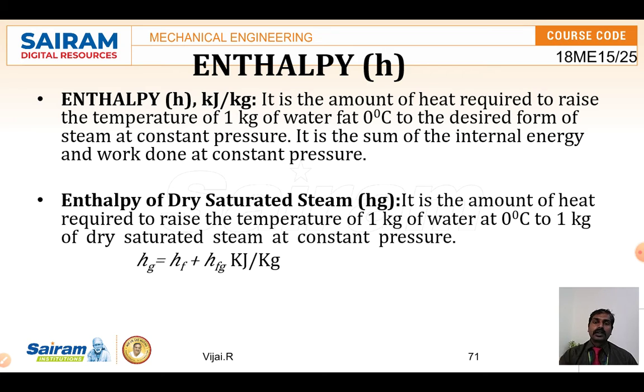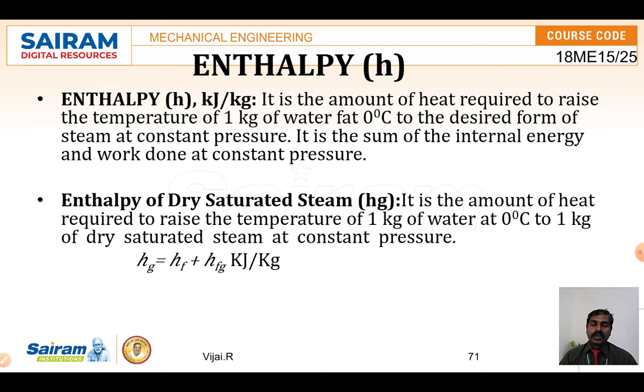When the water temperature increases to another temperature, what we have added until then is called the enthalpy. The amount of heat required to raise the temperature from 0 degree to another level is called enthalpy. Suppose enthalpy of dry saturated steam, what is it? It is the amount of heat energy required to raise 1 kg of water at 0 degree to 1 kg of dry saturated steam.